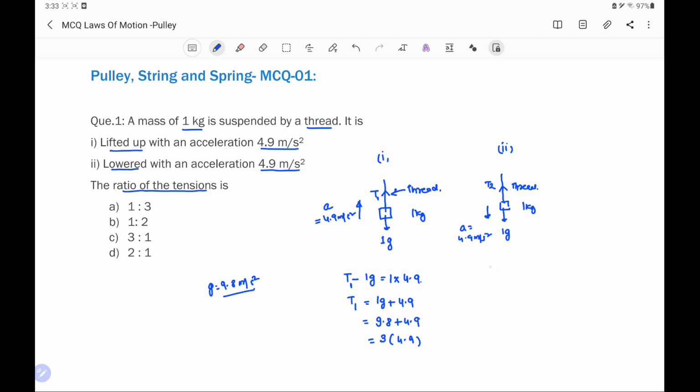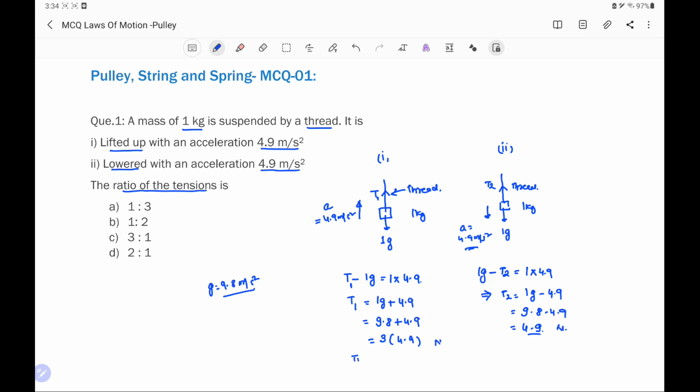So we can write the equation of motion, that is 1g minus T2, that is equal to mass of the body, that is 1 kilogram, into acceleration, this is 4.9 meter per second square. So we can write T2 is equal to 1g minus 4.9, or it is 9.8 minus 4.9, or it is simply 4.9 Newton.